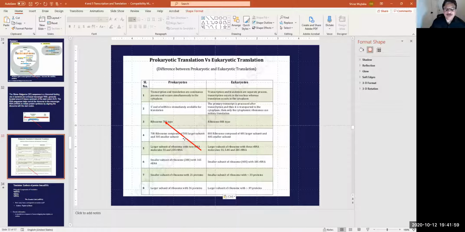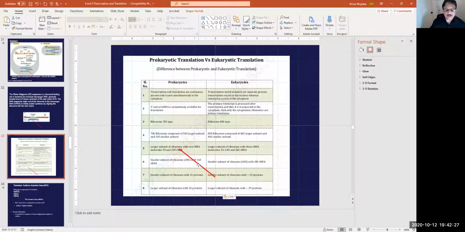Pay attention to the ribosome type. The ribosome size or density is 70S in prokaryotes, whereas ribosomes in eukaryotes are bulkier, 80S. Also, ribosomes have two subunits, one larger and one smaller, which are 50S and 30S in bacterial ribosomes, and 60S and 40S in eukaryotic ribosomes.